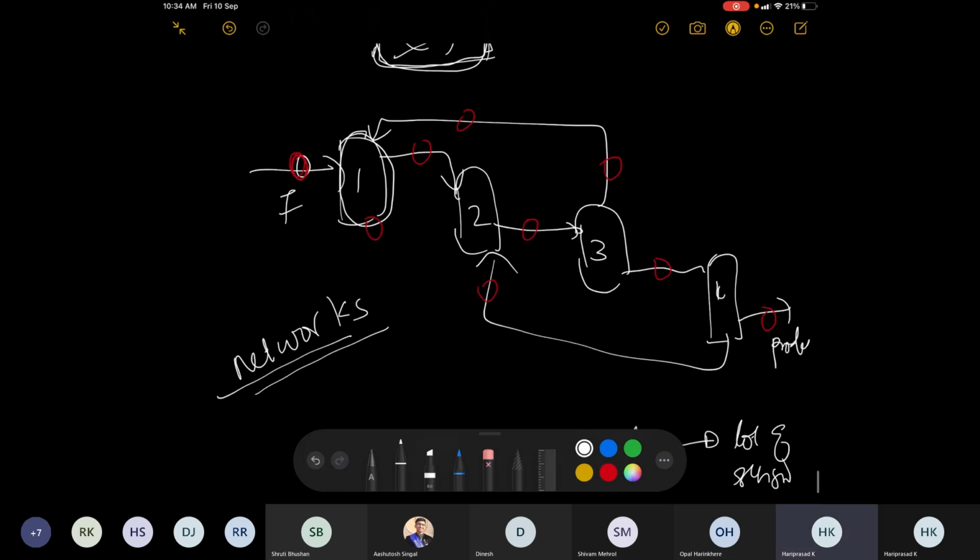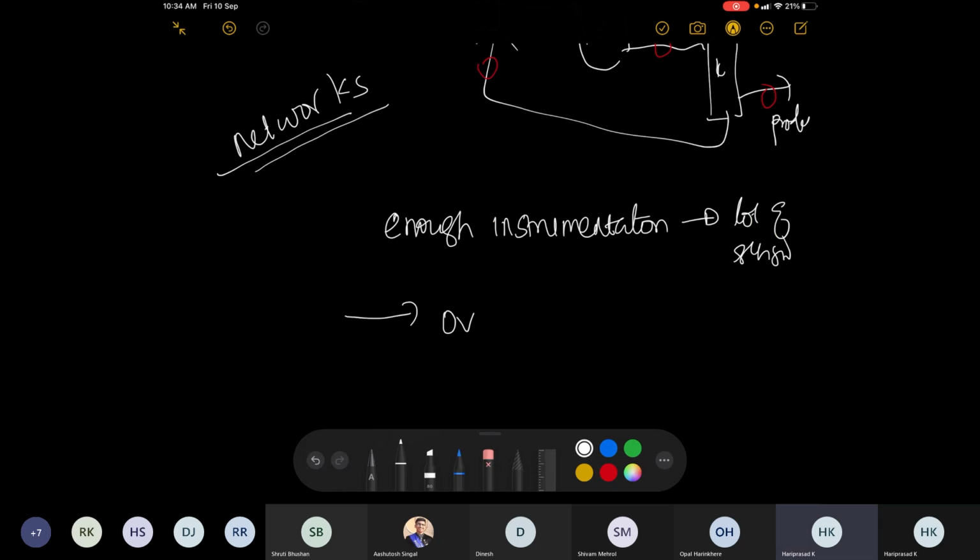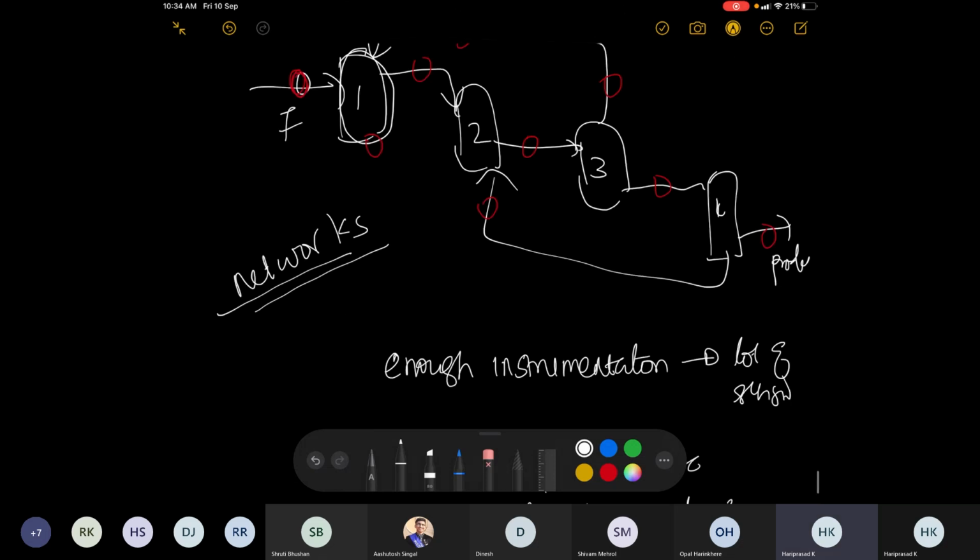You would get an overall picture of everything because you have measurements at various locations of the overall process. The overall process will be tightly monitored or fingerprinted, so you have everything that is happening with respect to time. You have a lot of data available.